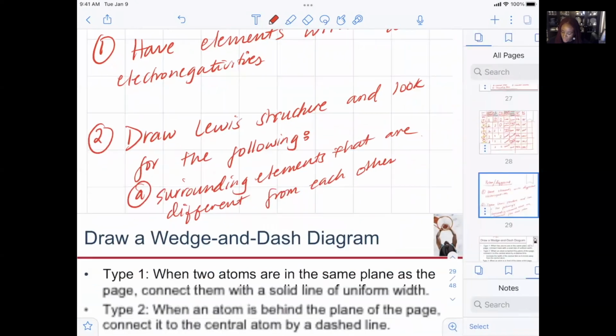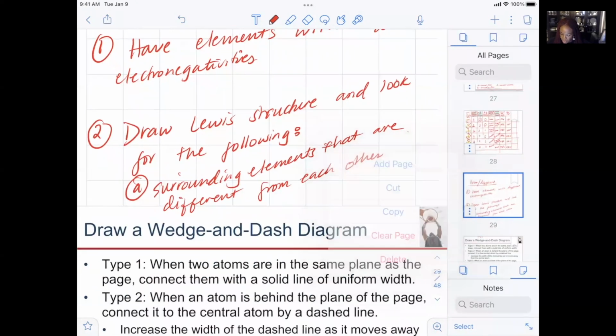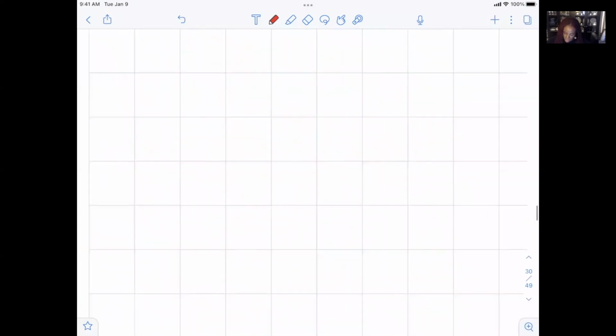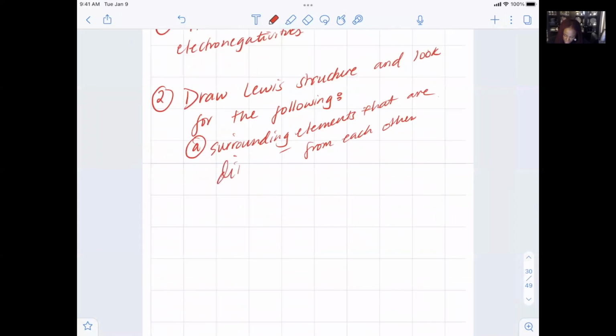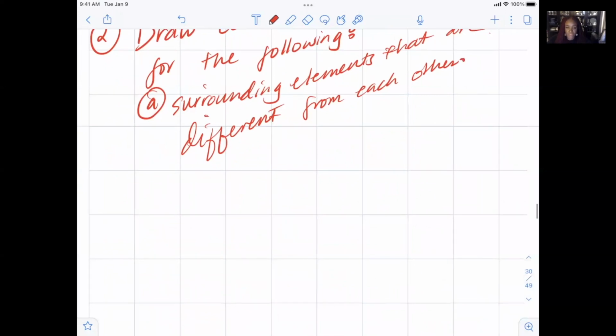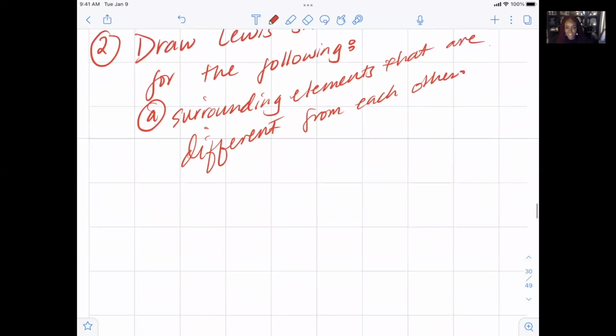So you want your surrounding elements to be different from each other. If at this point I sing the song, one of these things is not like the other. If you have surrounding elements that are different from each other, you're most likely going to have a polar molecule, i.e. polar. Why? You have a difference, or different.